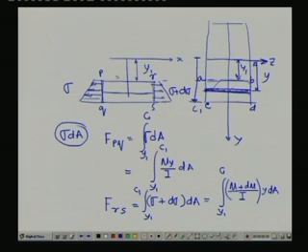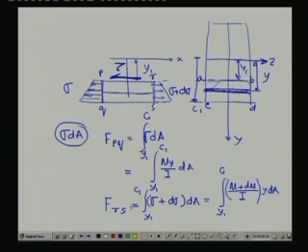To balance the force, we understand that a force in this direction at the interface should act, and we designate that as tau. This tau is what we call the shear stress that is created along the length of the beam.